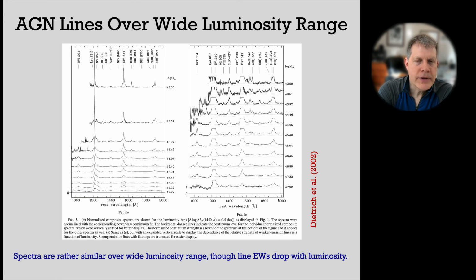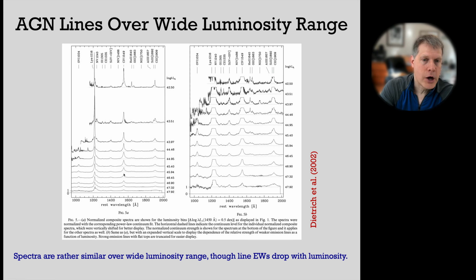And these lines are also remarkably observed over a wide range of luminosities. These plots here show normalized composite spectra ordered by luminosity. In this case, the luminosity is being measured at 1,450 angstroms. And over an incredibly broad range of luminosities, here spanning a little bit more than 5 orders of magnitude, you can see that AGN spectra show the same basic lines being present.